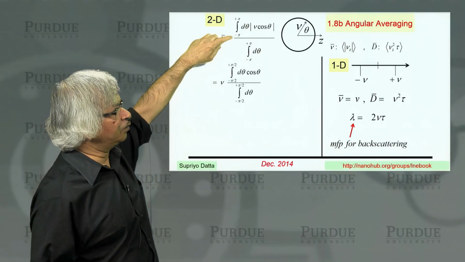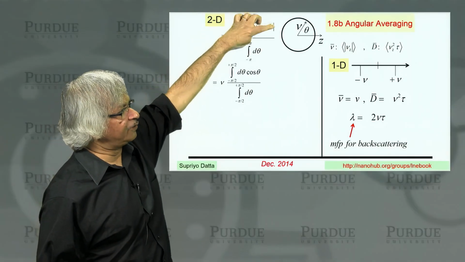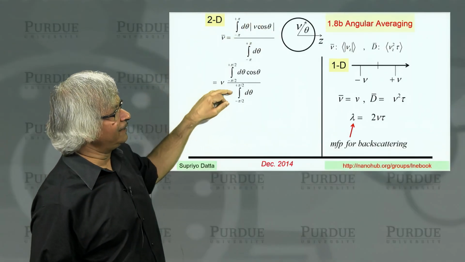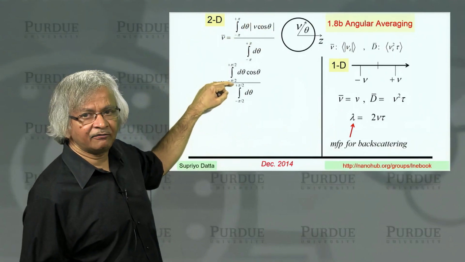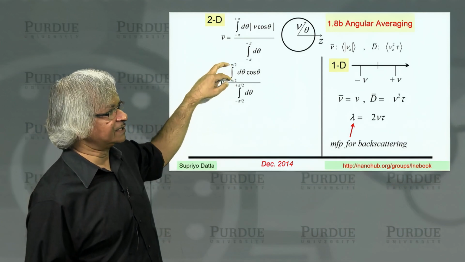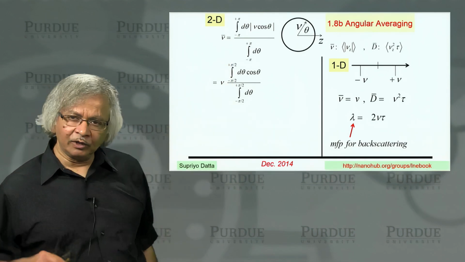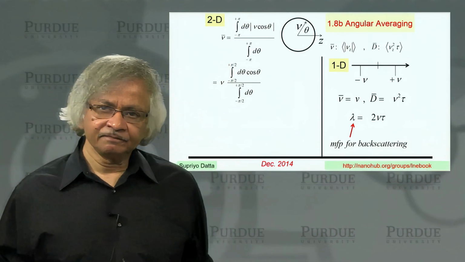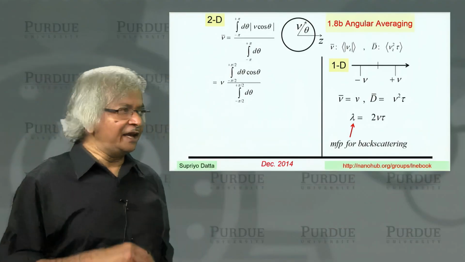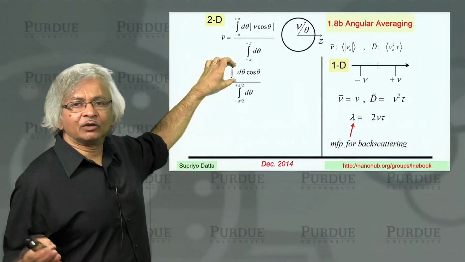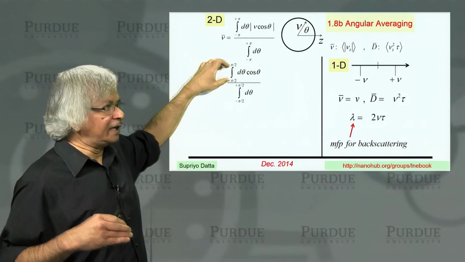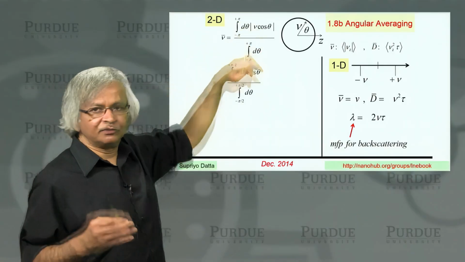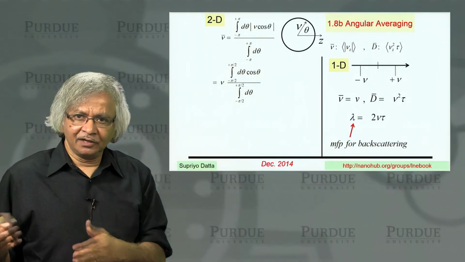What you could then do is take out this absolute value by integrating only from minus half pi to plus half pi, because this is the range where the cosine is positive. The range we left out is where the cosine is negative, and there, when you take the absolute value, you'd get back positive.